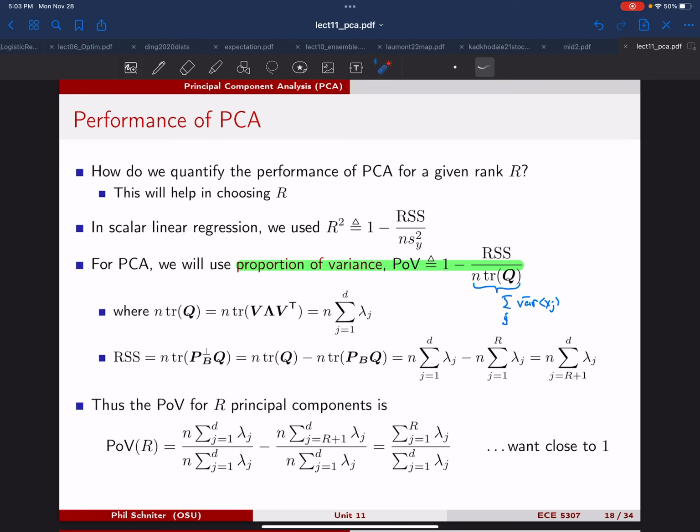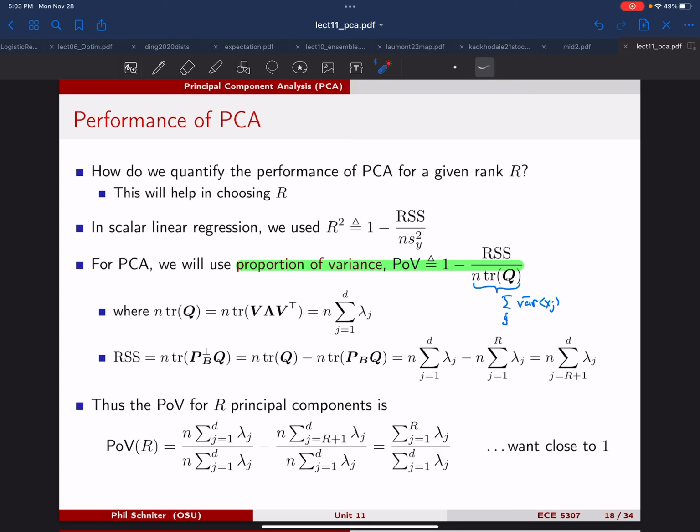So we have the 1 and we can write it like this, and the minus this term is minus this. Here you can see the denominator is the same, and in the numerator we're taking all of them minus the last ones, and what remain are the first ones. So at the end of the day, we're looking at the sum of the largest r eigenvalues over the sum of all eigenvalues.